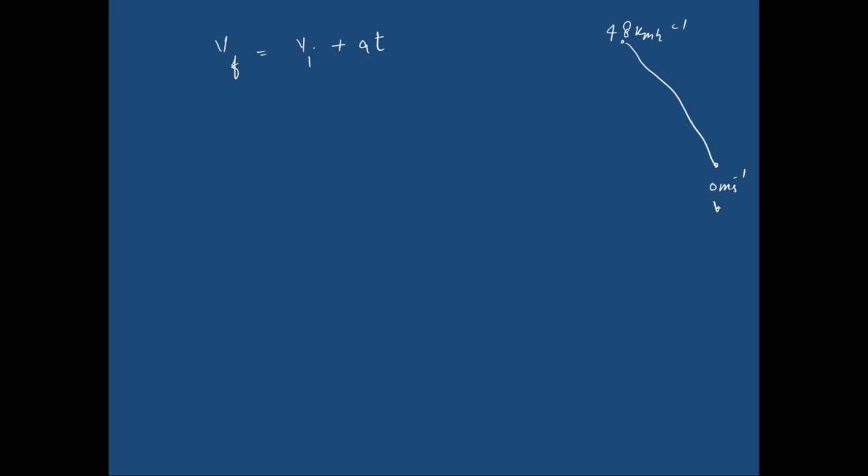So 0 is equal to, because we have converted 48 kilometers per hour into meters per second, 13.33 meters per second plus a, and the train took 180 seconds, T3.